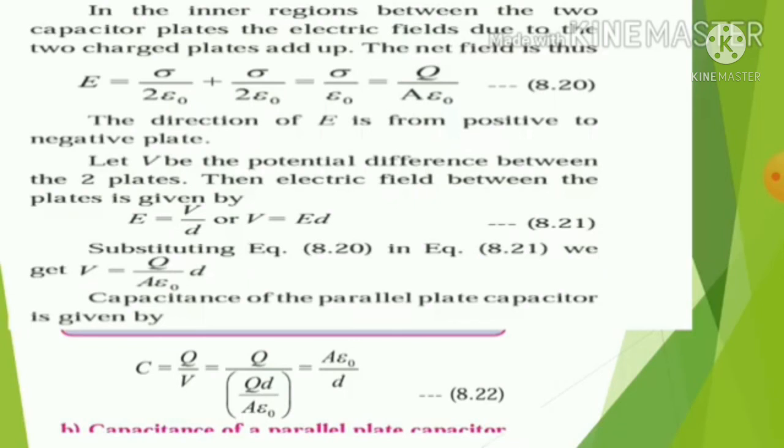Then we can write C equal to A epsilon 0 upon d. This is equation 8.22.